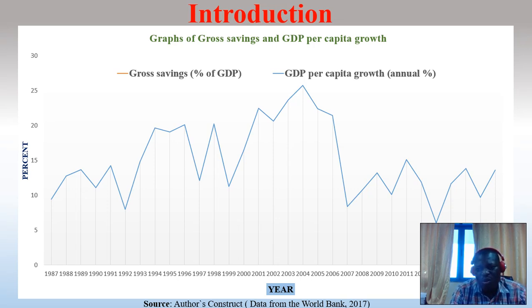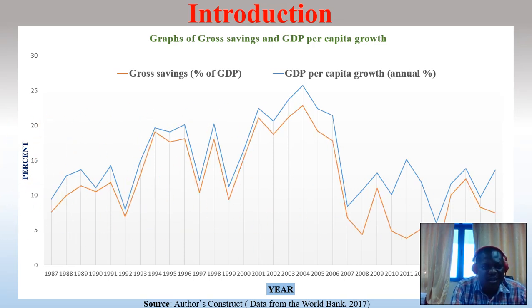So you realize that from 2001 thereabout up to 2005, even though it is undulating, we saw some remarkable improvement in GDP per capita, but it fell sharply in 2007. Thereafter, it rose, fell, rose, and fell sharply again in 2013, as we can see.